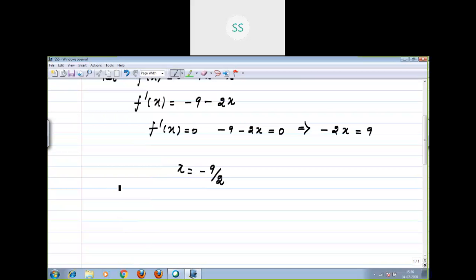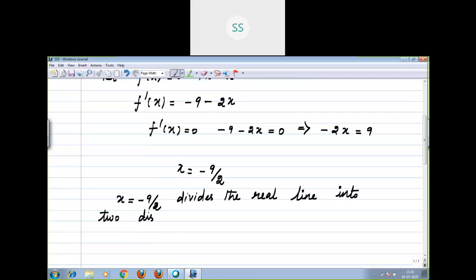So x is equal to minus 9 by 2 divides the real line into two disjoint intervals, right?